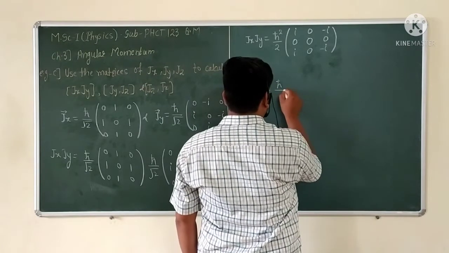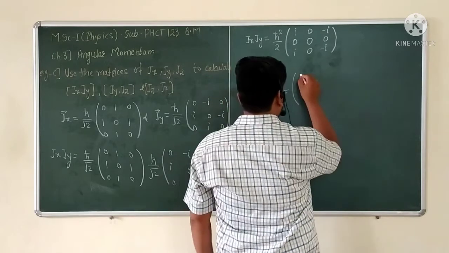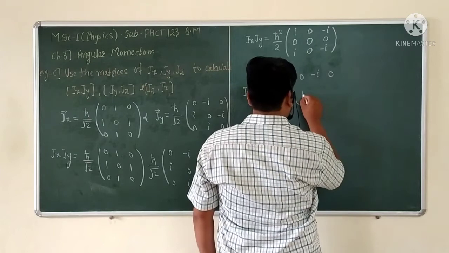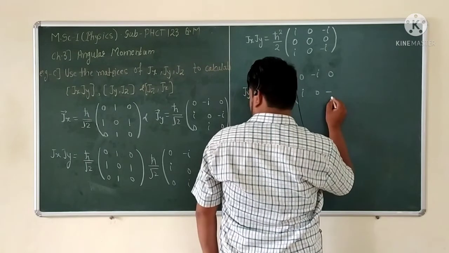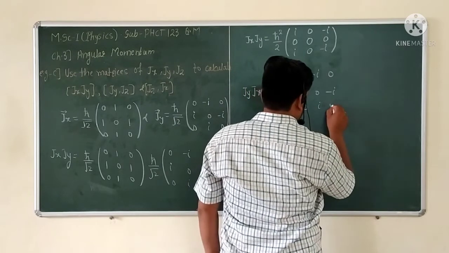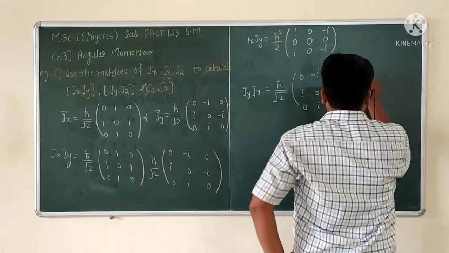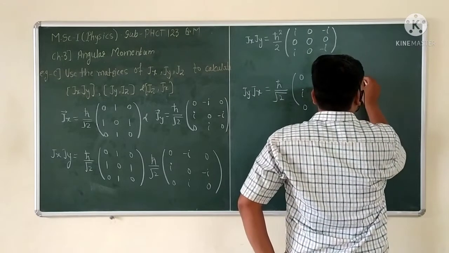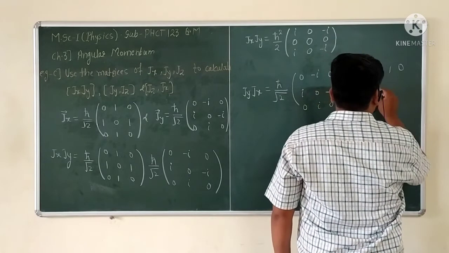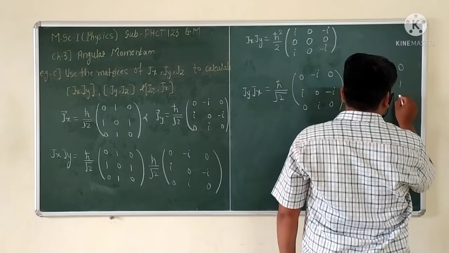So h cross over root 2 times the matrix 0, minus I, 0, I, 0, minus I, 0, I, 0, multiplied by h cross by 2 times the matrix 0, 1, 0, 1, 0, 1, 0, 1, 0.